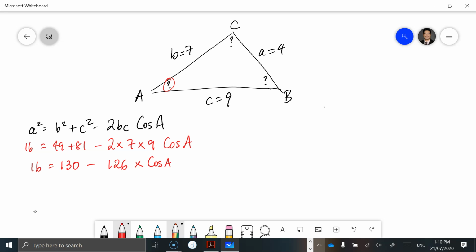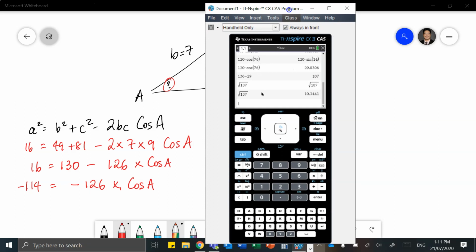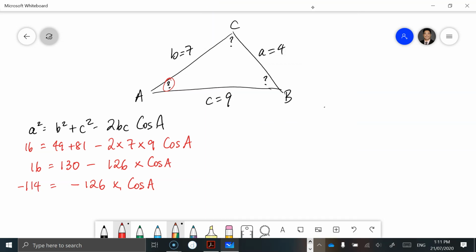Then we can subtract 130 from both sides, so we'll get 16 minus 130, which is minus 114, equal to minus 126 times cosine of A. Well, no, my mistake.